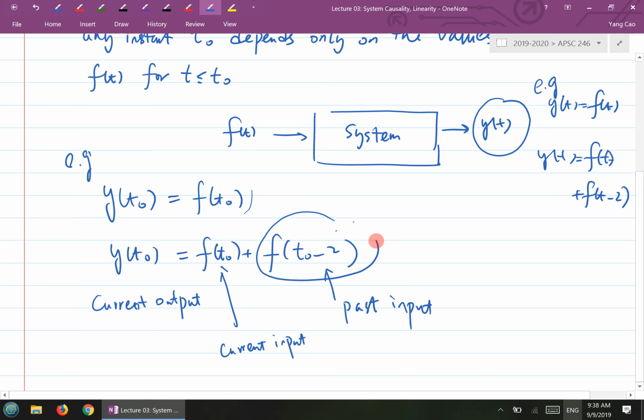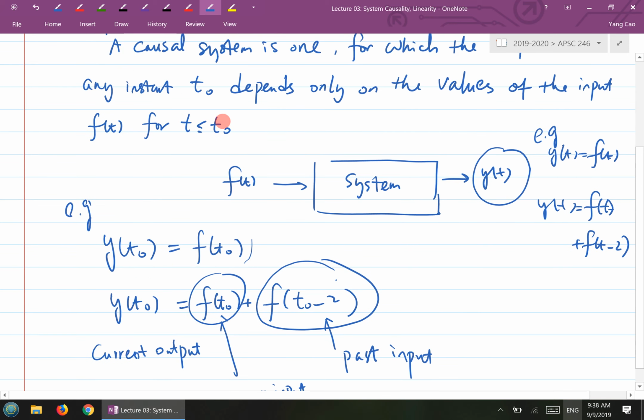I'm referring to this whole piece, not just the t naught minus 2. So this should be the past input. So in this second case, the current output depends on the current input and the past input, which is perfectly normal. Yes? Would that mean it's non-causal? It's causal, actually. So you look at the definition.